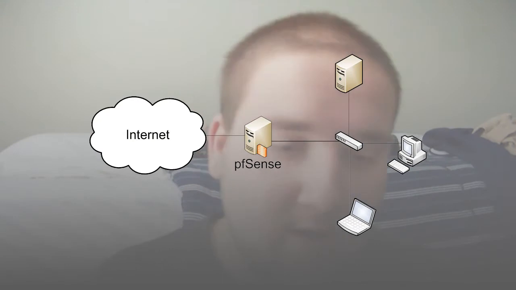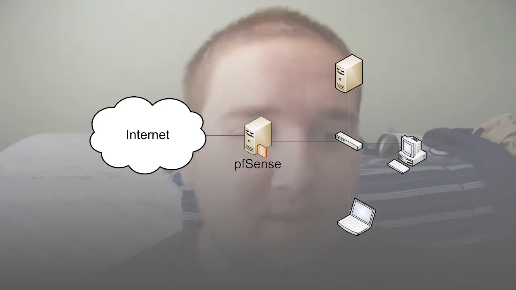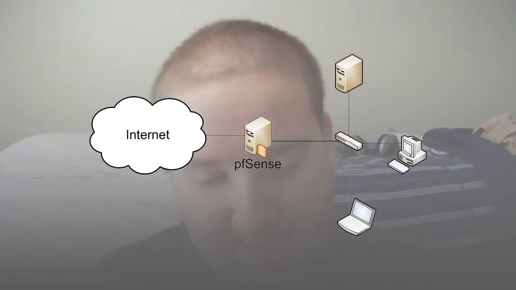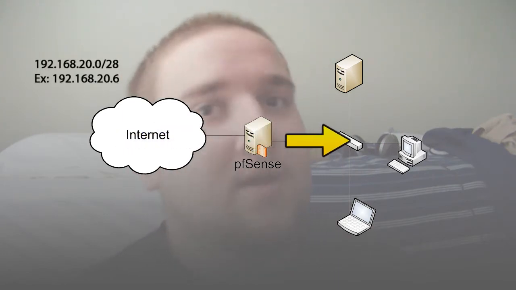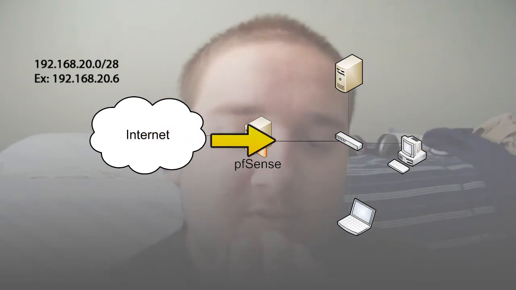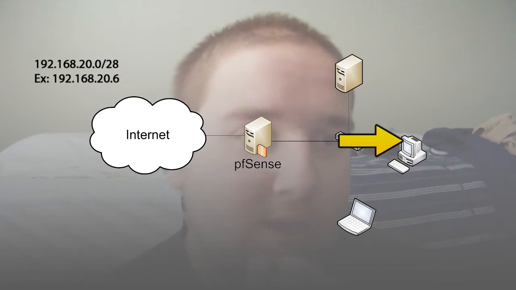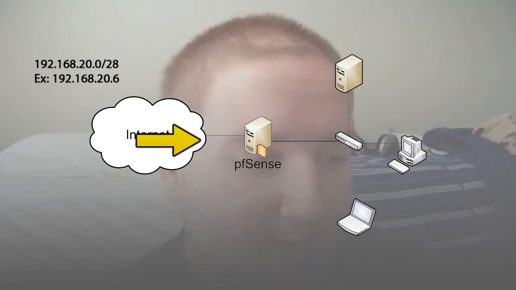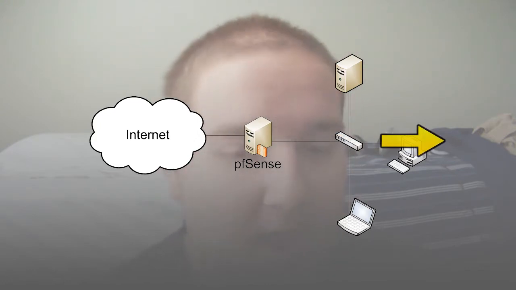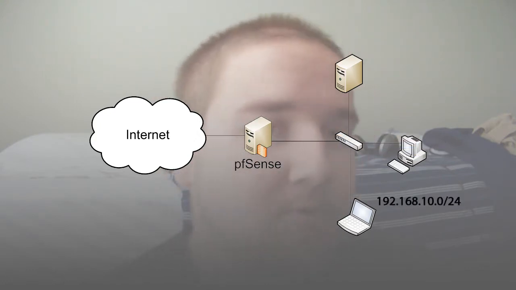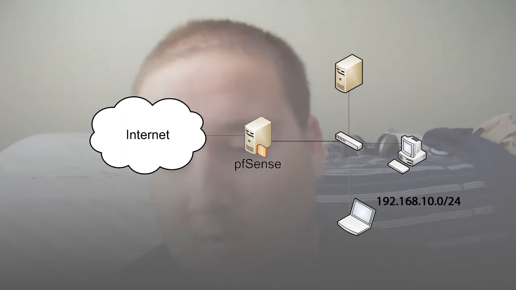Having OpenVPN on pfSense allows me to route into my local area network. So when I actually connect my OpenVPN, I have an IP address assigned on a 192.168.20 network, I think it's actually a /28. Yeah, a /28. So I get a 192.168.20.x address, and then my local area network is 192.168.10.x.